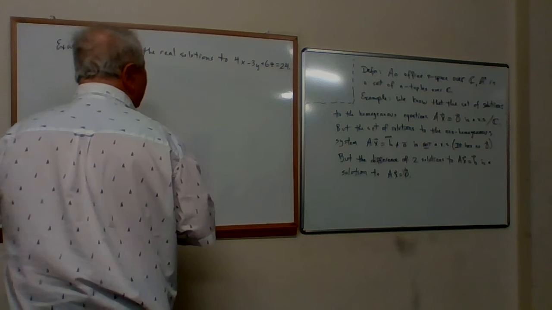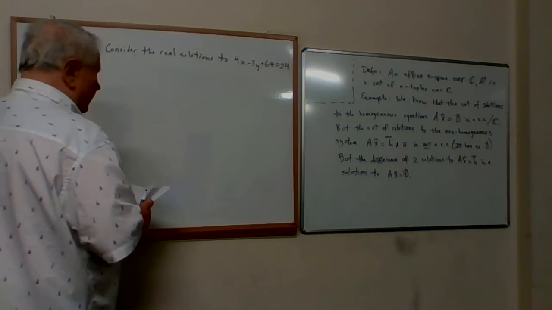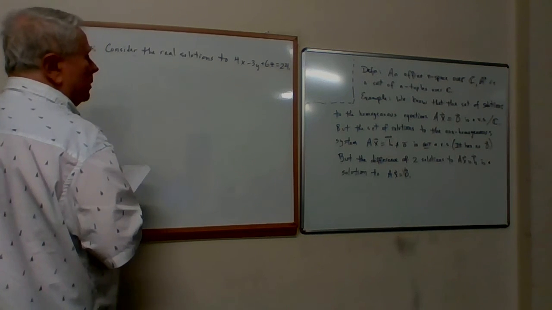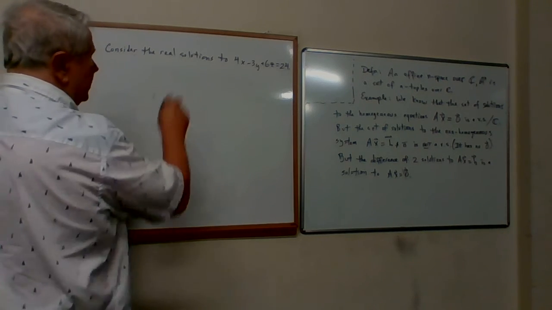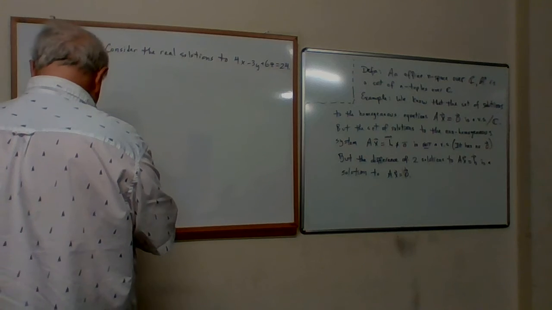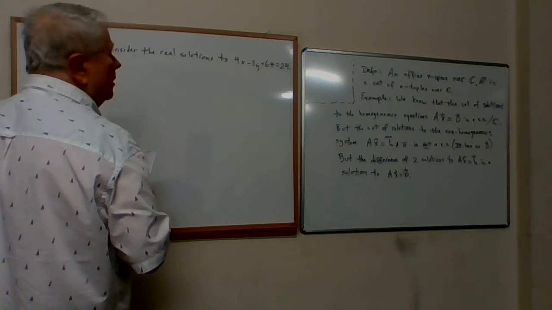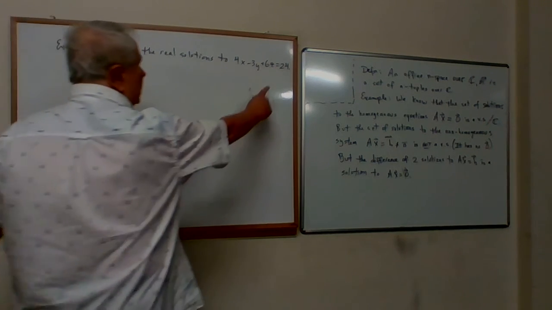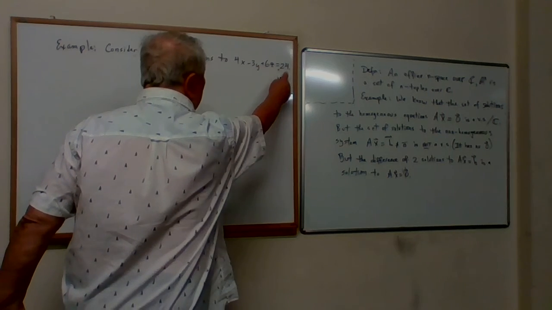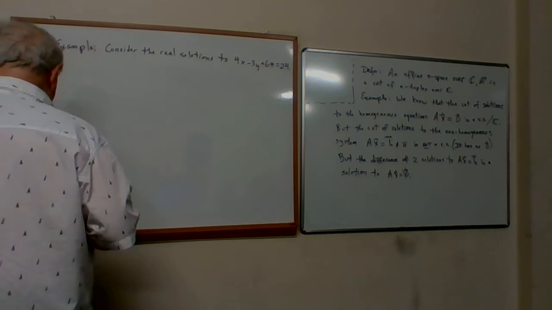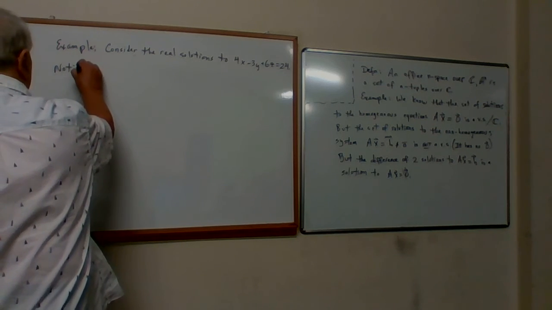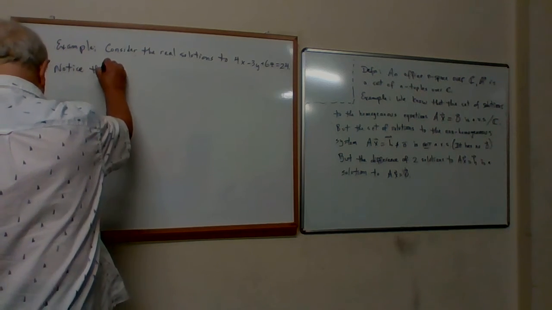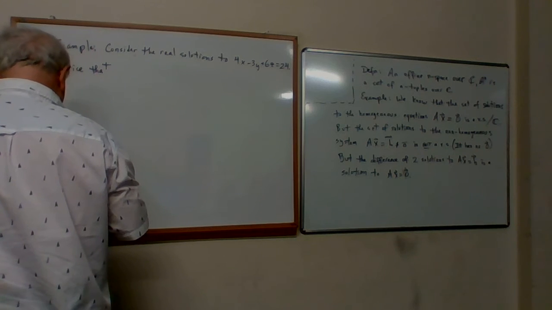You have a nice picture of this particular variety on the next page from the page we were just talking about before. It's a plane, but it doesn't go through the origin, obviously, because if it went through the origin, then this would have to be 0. But notice that, let me pick one.